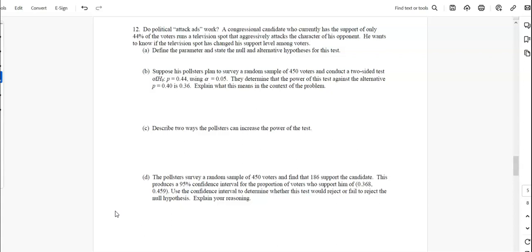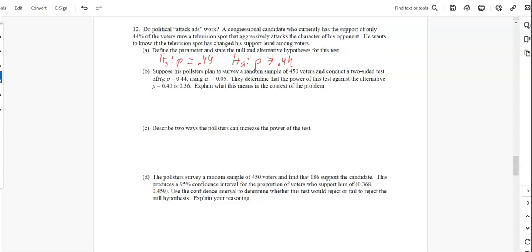Okay. So define the parameters, state the null and alternate hypothesis. Okay, so the null would be that the proportion is 0.44. Nothing unusual. That's what we say, and that's what it is. The alternate would be that the proportion is not equal to, the way they phrase this, what has changed.